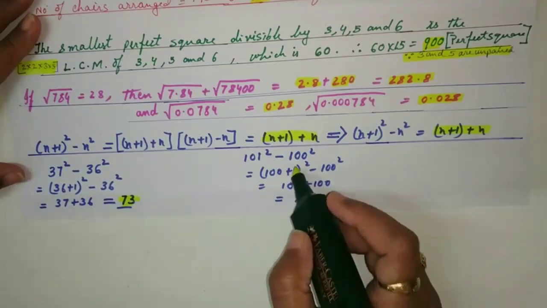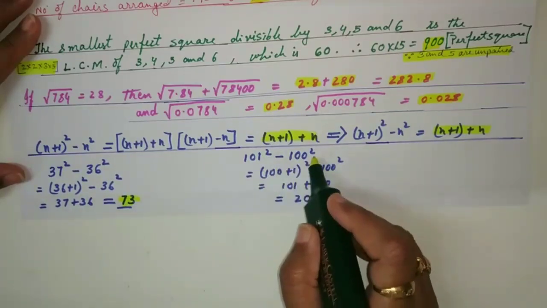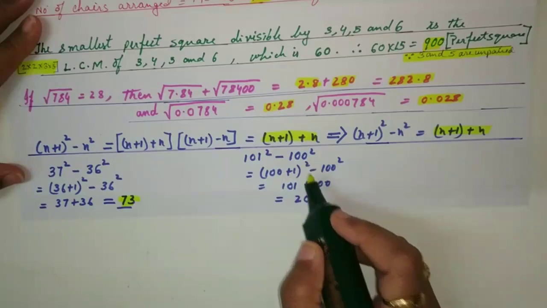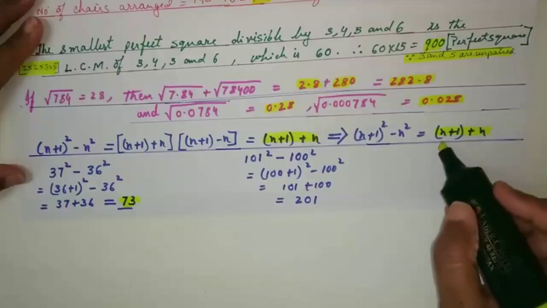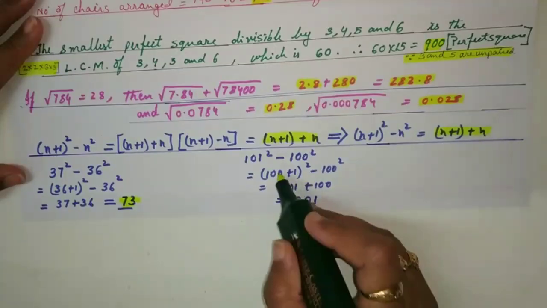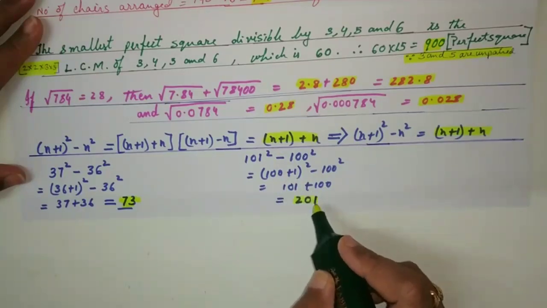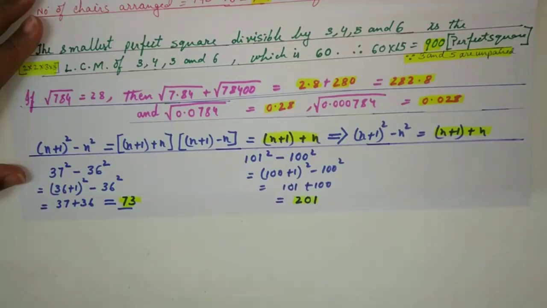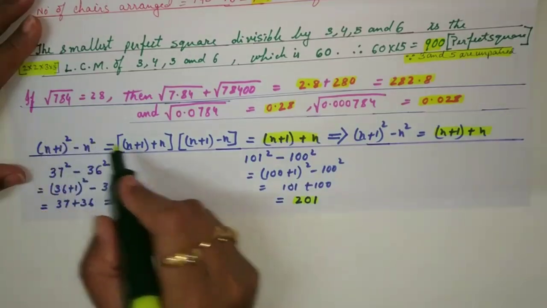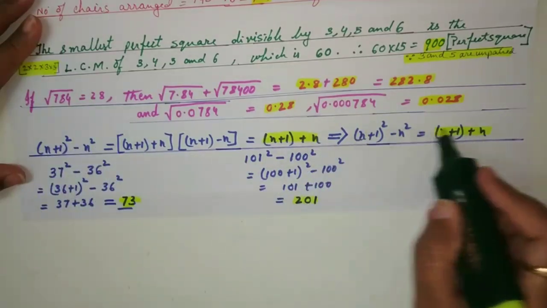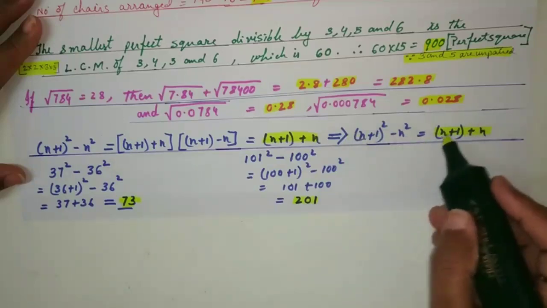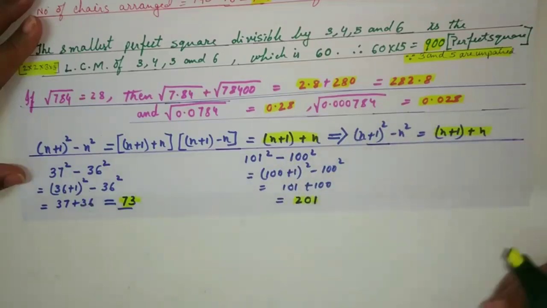In the same way, 101 square minus 100 square is 100 plus 1 square minus 100 square. So the answer is n plus 1 plus n, 100 plus 1, 101 plus 100, 201. Here you have to remember this formula and directly substitute the value and find out the answer.